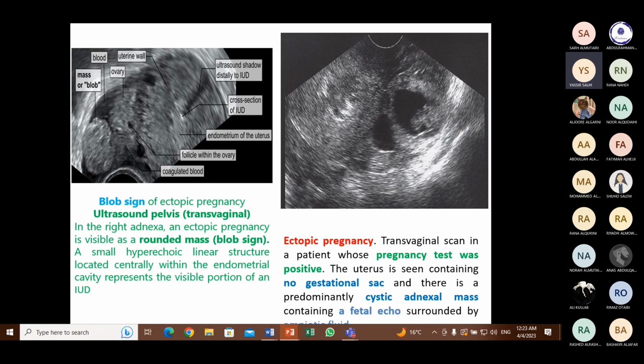Sometimes we find only a complex mass in the adnexal region without a gestational sac, but this is also highly suspicious for ectopic pregnancy.